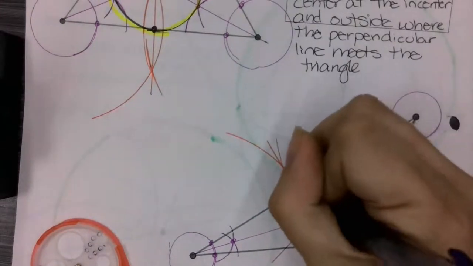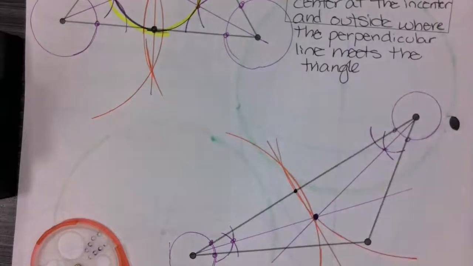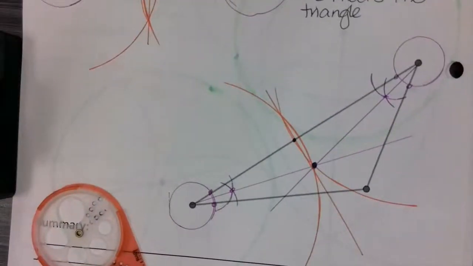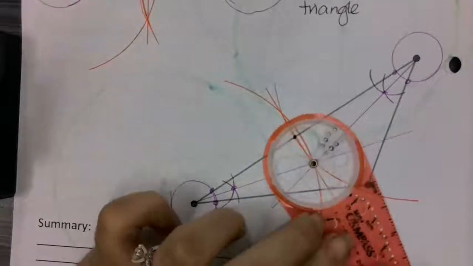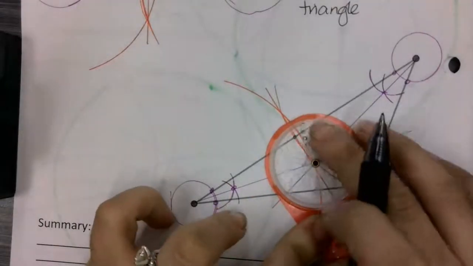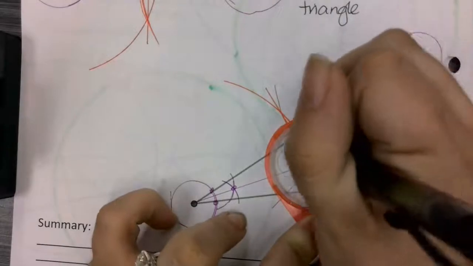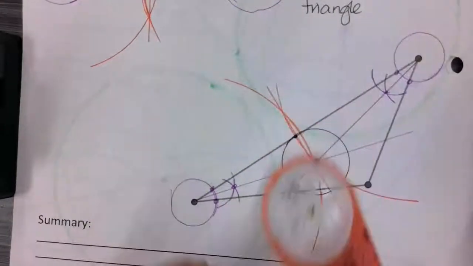And then I'm going to mark where it's crossing on the edge. And my final step is to center at the incenter and go through the point where it's crossing. Again, I messed up.